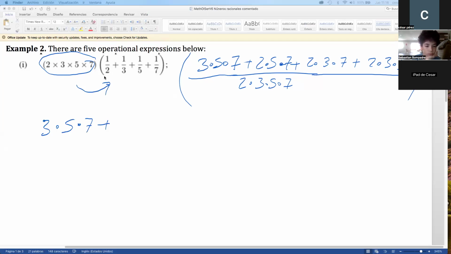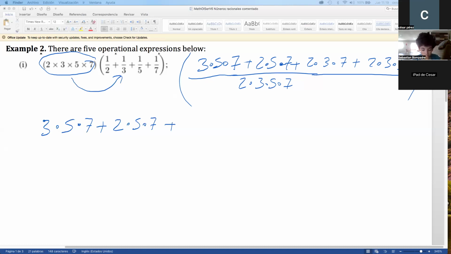The next term will be 2 times 5 times 7.